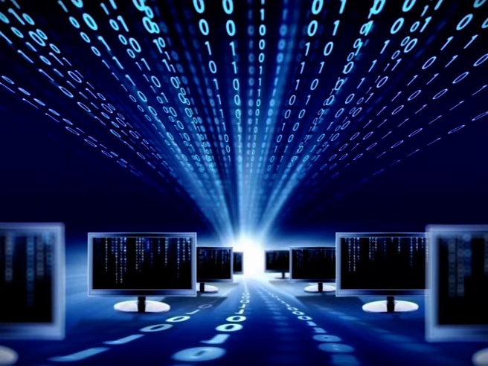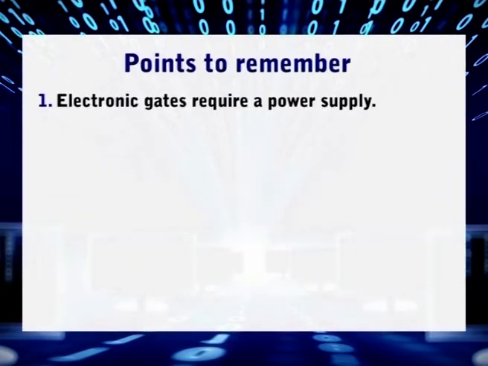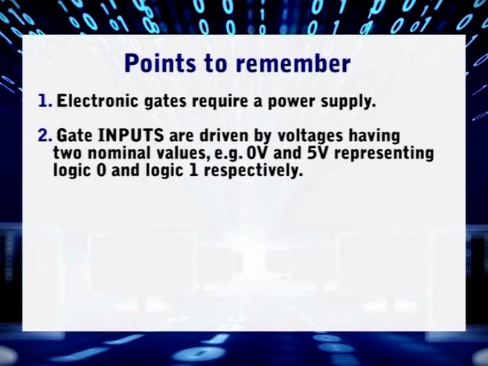The following points are important to understand. The first one is electronic gates require a power supply. Gate inputs are driven by voltages having two nominal values, for example 0 volt and 5 volt, representing logic 0 and logic 1 respectively.